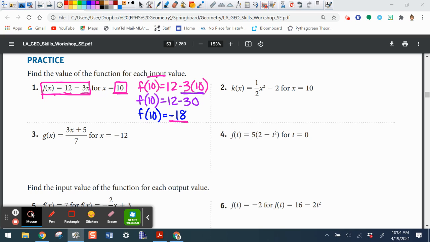Now let's take a look at number 2, slightly more complicated, but still the same process. We have the function k of x equals 1/2 times x squared minus 2, and our input is x equals 10. So k of 10 is equal to 1/2 times 10 squared minus 2.